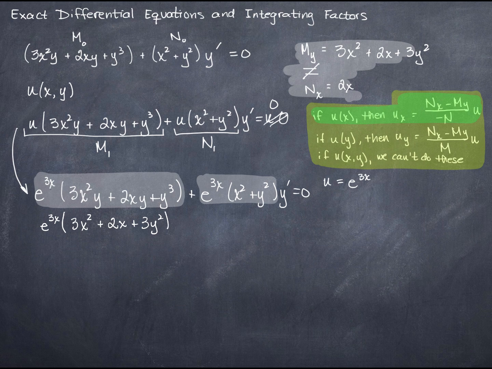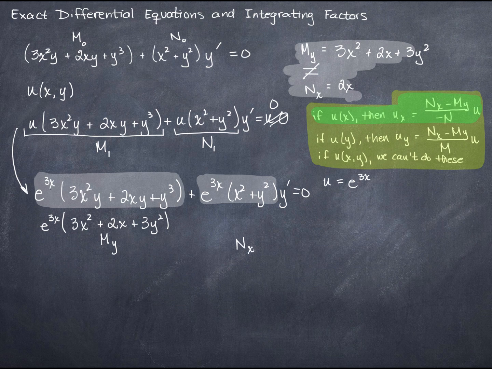Actually, let me just write it this way. This is my m sub y, my new m sub y. Having found and then applied the integrating factor, the expression I'm calling m changes. This was m sub 0, remember? And this is m sub 1. So this is my m sub 1 sub y. I'm just going to call it m. And this one here, once I find it, will be my n sub x.